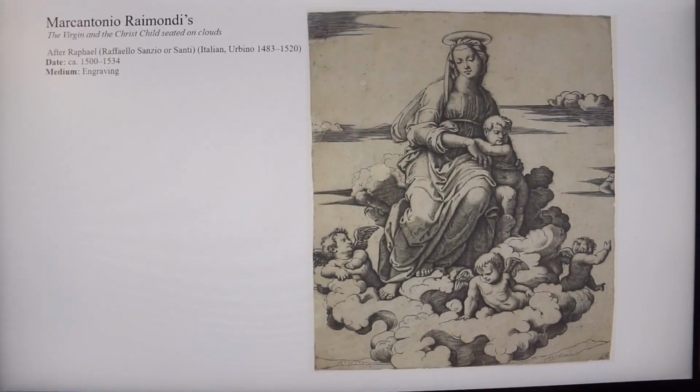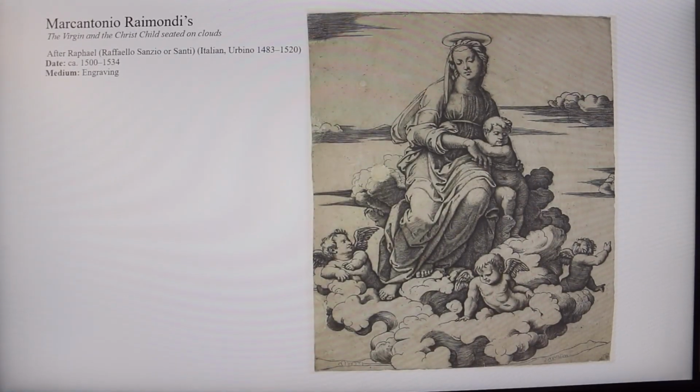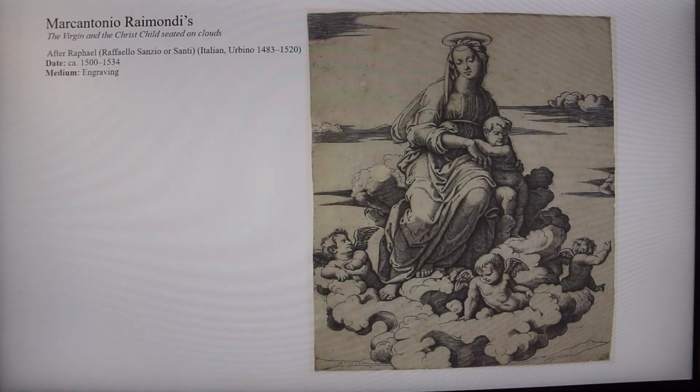While some of them did not make prints themselves, they, like Raphael, hired people to make prints for them. So Marcantonio Raimondi is based on Raphael, and it was an agreement that he had with Raphael to make prints. So now they come into their own as a way to make art and a way to copy art.